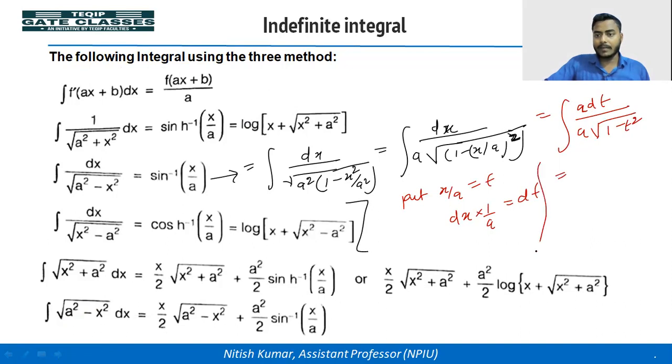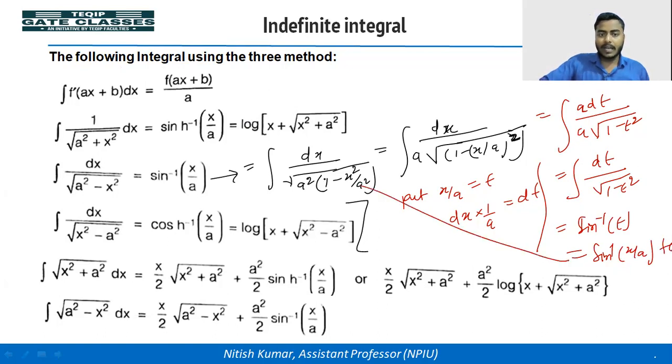A will be cancelled, so integration dt divided by root under 1 minus t square. See the fundamental formula: directly we can write sine inverse t, and t we have taken as x by a, so sine inverse x by a plus c, right? So these are the formulas, just write them down.